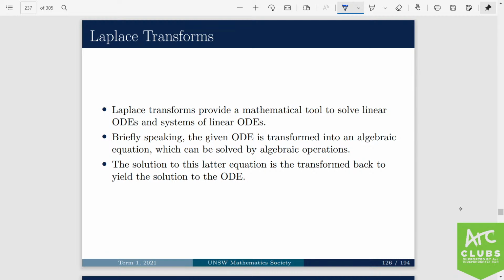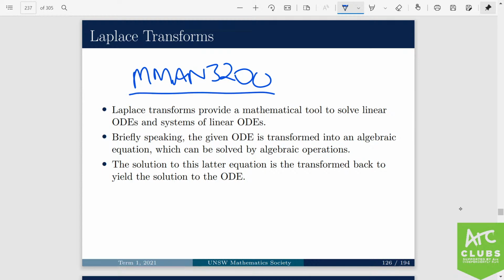If you do this course, MATH2018, you're going to be using Laplace transforms a lot. So what we're doing here is, sorry, I'm struggling to write this down. That's meant to say spatial. And then we've got time. So if these are our spatial and our time domains, we get given something to solve.